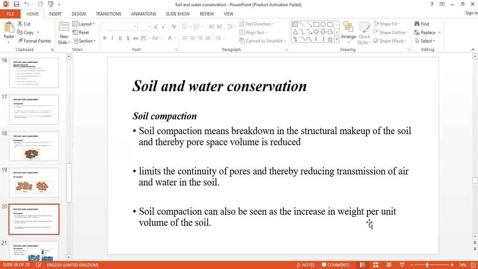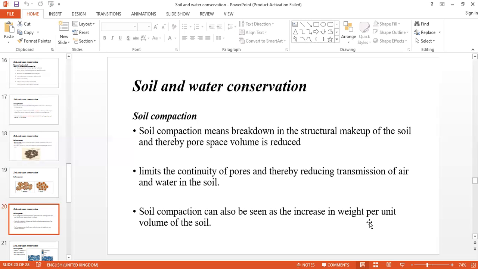So when that happens, you remember we said that the bulk density was the mass divided by the volume, the mass of the solid phase over the total volume. If the volume has reduced because we've compressed it, it means that the bulk density has increased.